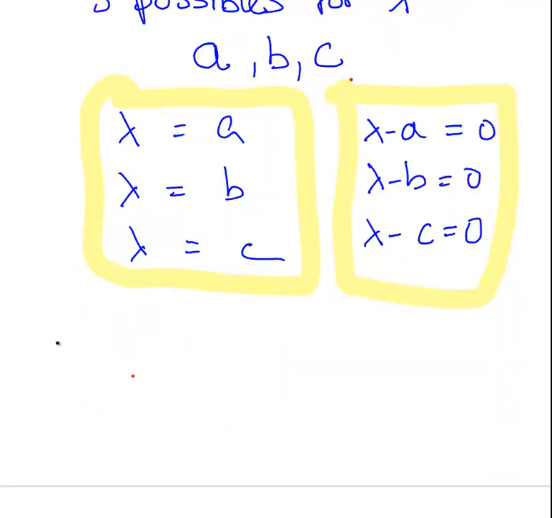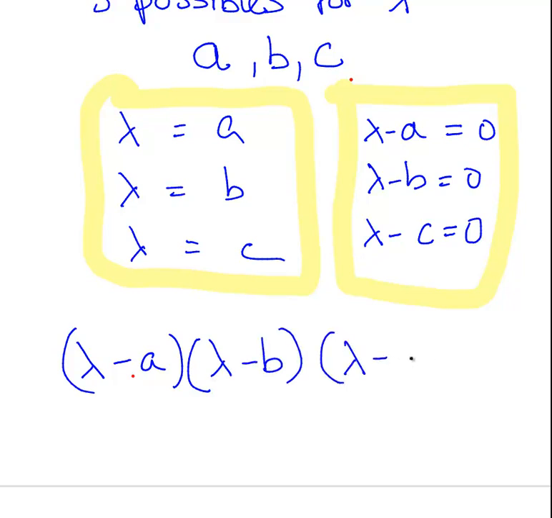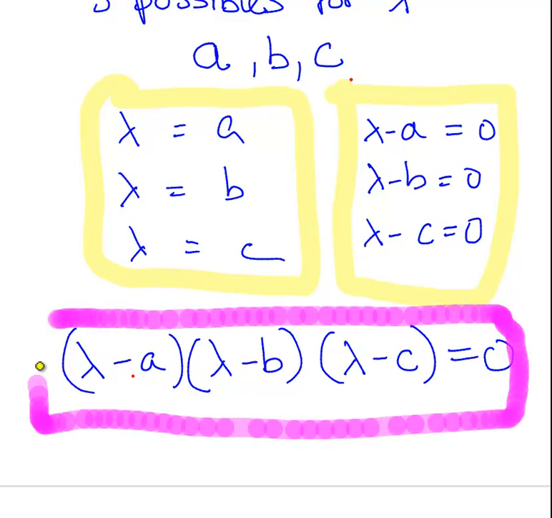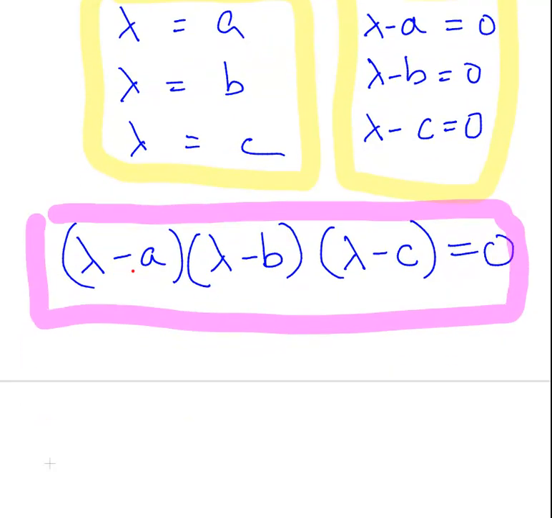If we're writing this as a polynomial, and A, B, C are the roots, what we would do is write it like this: lambda minus A times lambda minus B times lambda minus C, that is equal to 0. Okay, that's an important juncture. Essentially, this is the form that a characteristic polynomial will take for a 3 by 3 case. In a 4 by 4 case, there will be 4 of them.